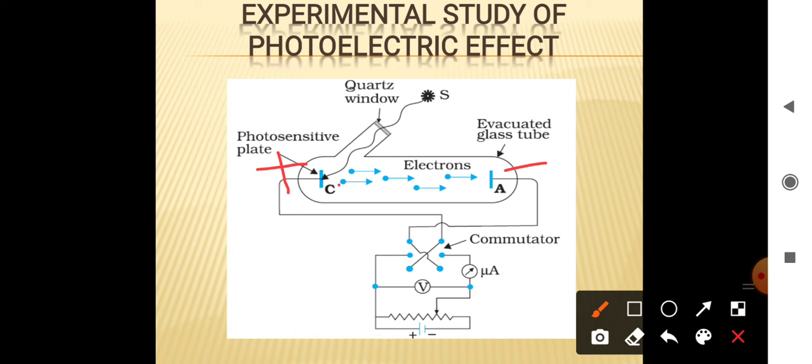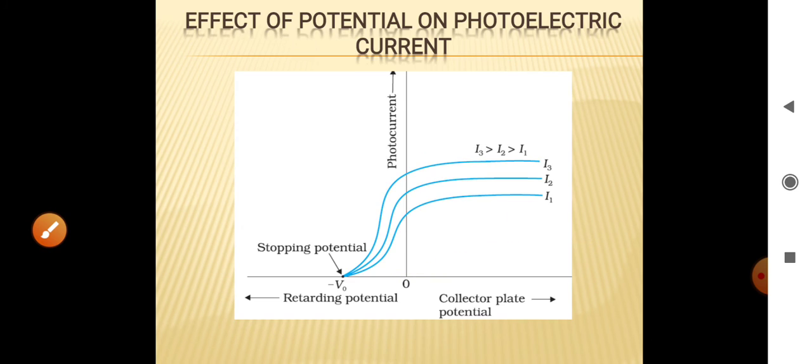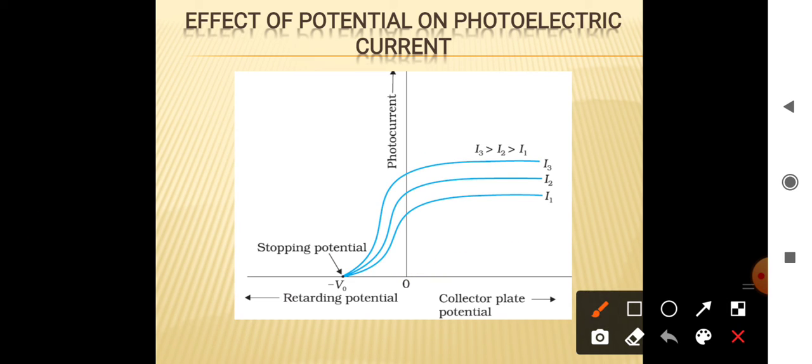Now when the electrons move towards this side, the positive charge attracts them back, so a lesser number of electrons move towards A. Hence we see the photoelectric current decreases and becomes zero at a certain potential, which is called the stopping potential.